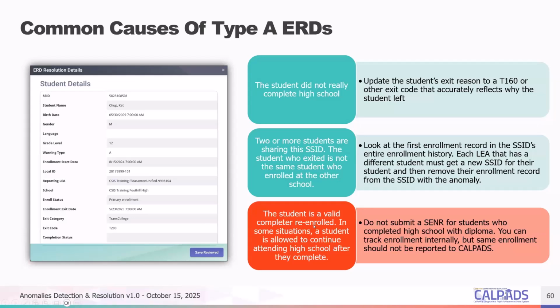Okay. And then the student is a valid completer and re-enrolled. In some situations, the student is allowed to continue attending high school after they complete. So you have your E230-360, and then essentially the student wanted to complete some credits, and so they re-enroll at your district. So that could be one of those scenarios.